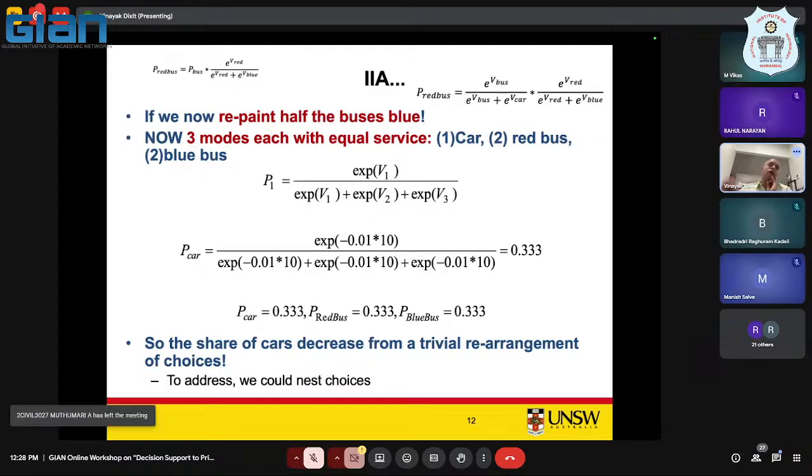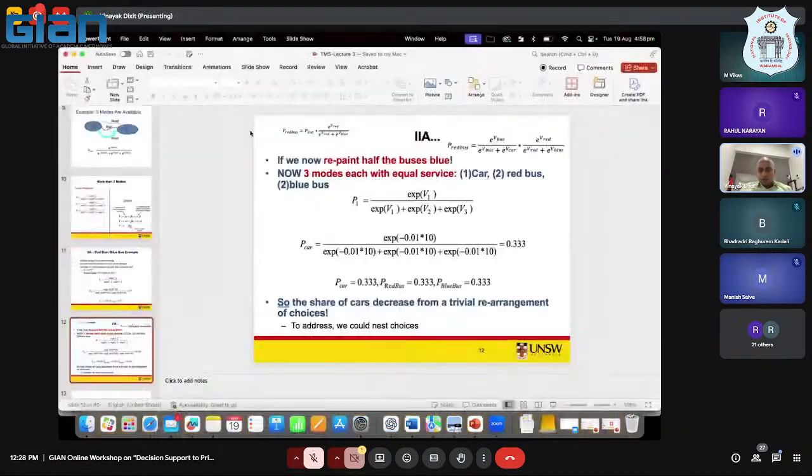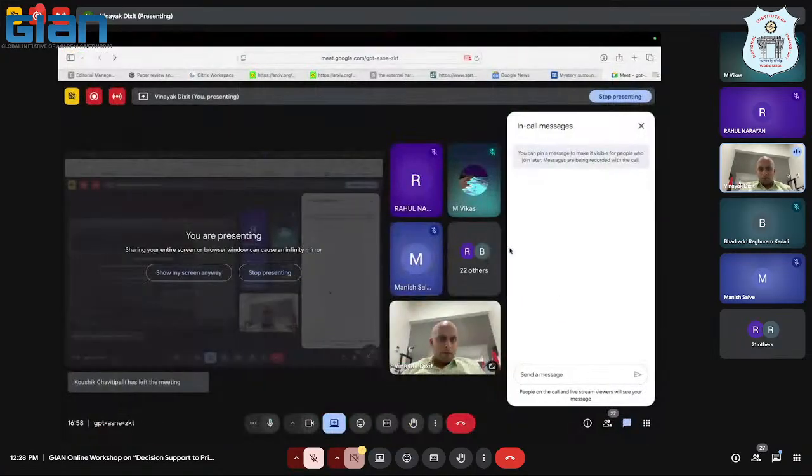And it's important to ask the question, are the options in your choice set independent or not? Yes. All right. Any questions?